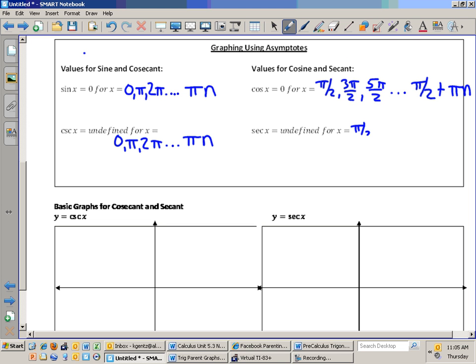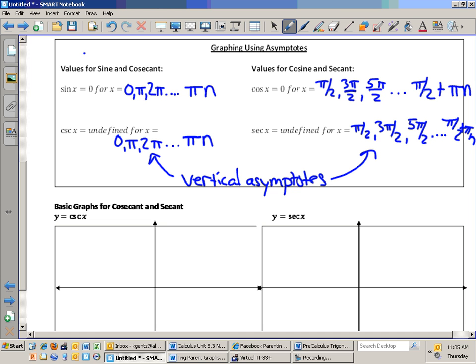Pi over 2, 3 pi over 2, 5 pi over 2, dot, dot, dot, pi over 2 plus pi n. So if it's undefined at those spots, what will I have? Vertical asymptotes at these spots and at these spots for secant and cosecant. That's what's going to happen. We got a picture right now.